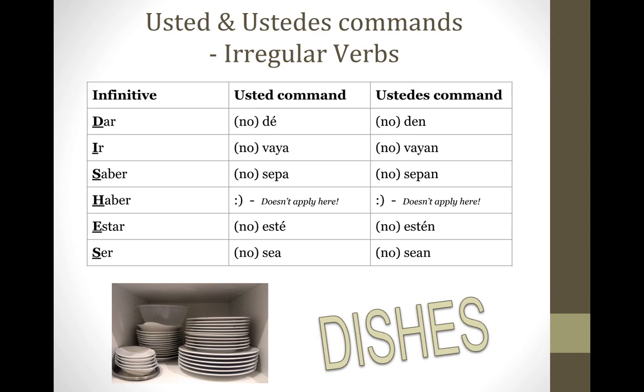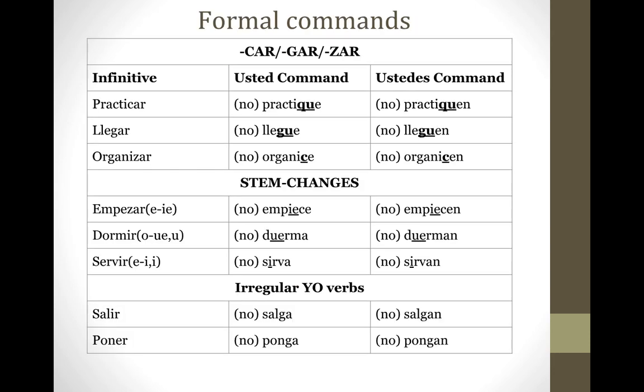Okay, continuing on down your note guide, we've got car-gar-zar verbs. Remember that your car-gar-zars are going to have that spelling change that they've had in their other commands we've been working with. Okay, so on the usted side, if you're saying, Mrs. Thompson, practice, you would say practique, no practique.